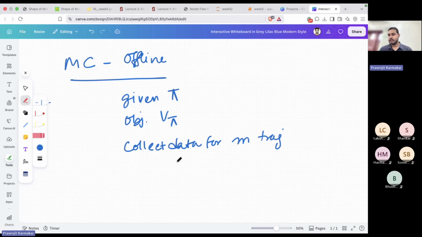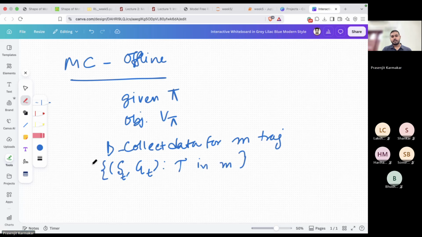M can be a very large number. That data gets added to D. In that D, you basically have state-return pairs, (S_t, G_t) pairs. So you collect those (S_t, G_t) for all trajectories tau in the M trajectories, and that's your D. That's a huge dataset of (S_t, G_t) pairs.